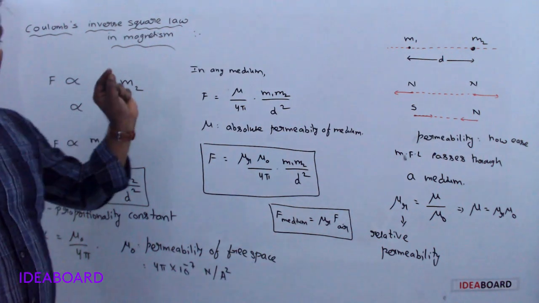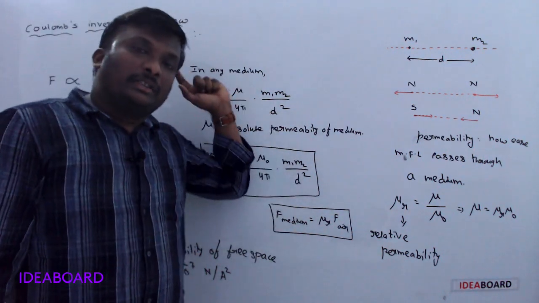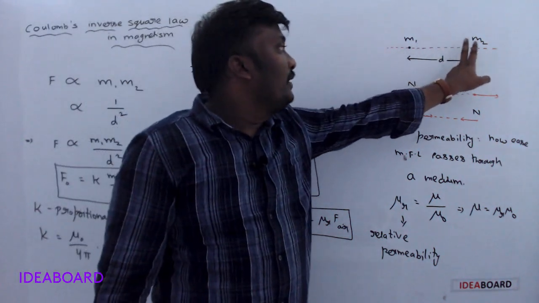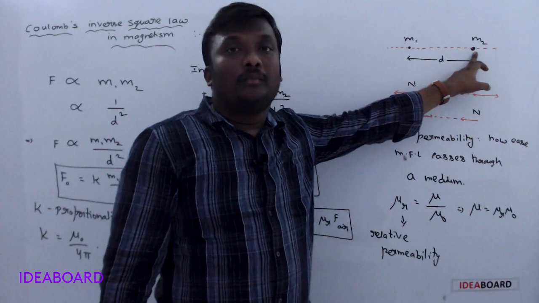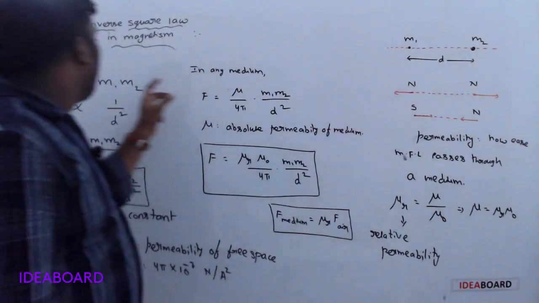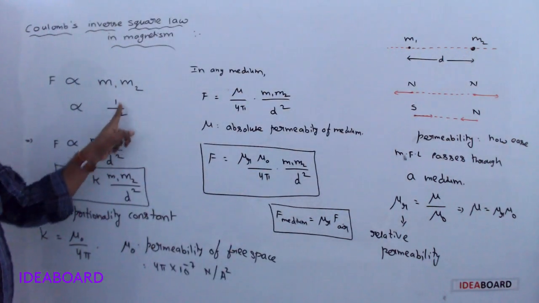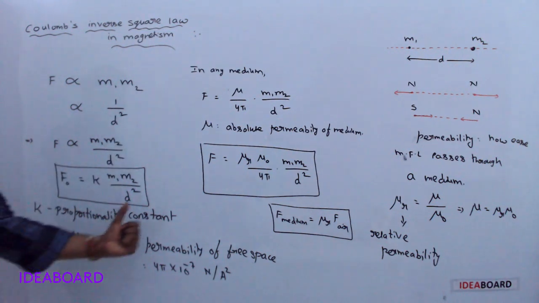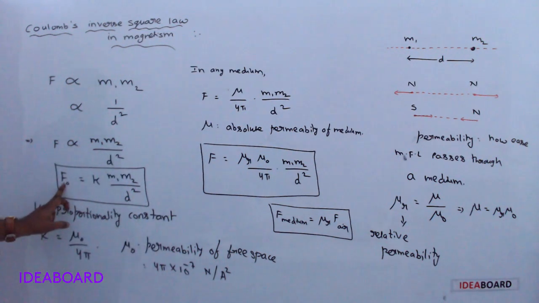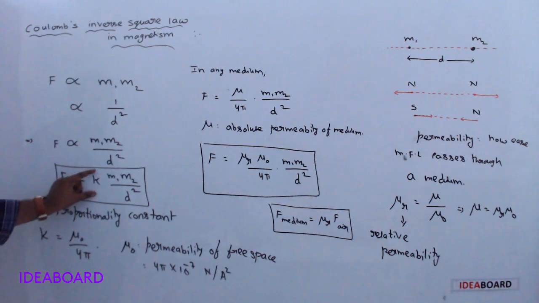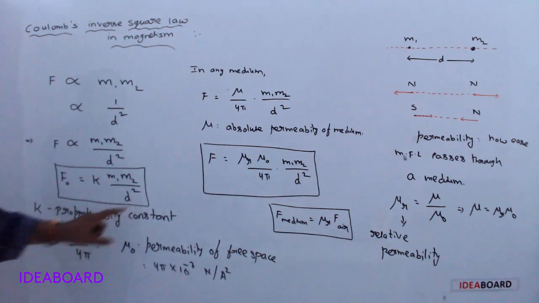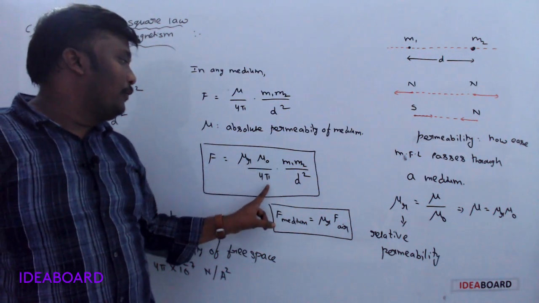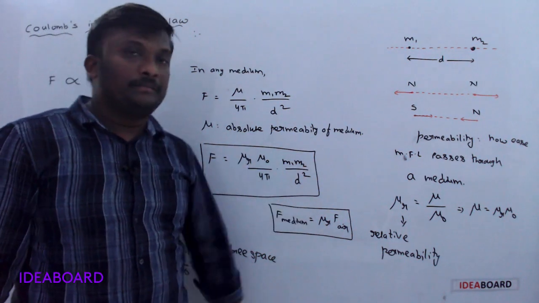Just to summarize: it is defined as the force of attraction or repulsion between two poles, directly proportional to the product of their pole strengths and inversely proportional to the square of the distance between them. In free space, F naught is equal to mu naught by 4 pi m1 m2 by d square. In a medium, F is equal to mu r mu naught by 4 pi m1 m2 by d square.